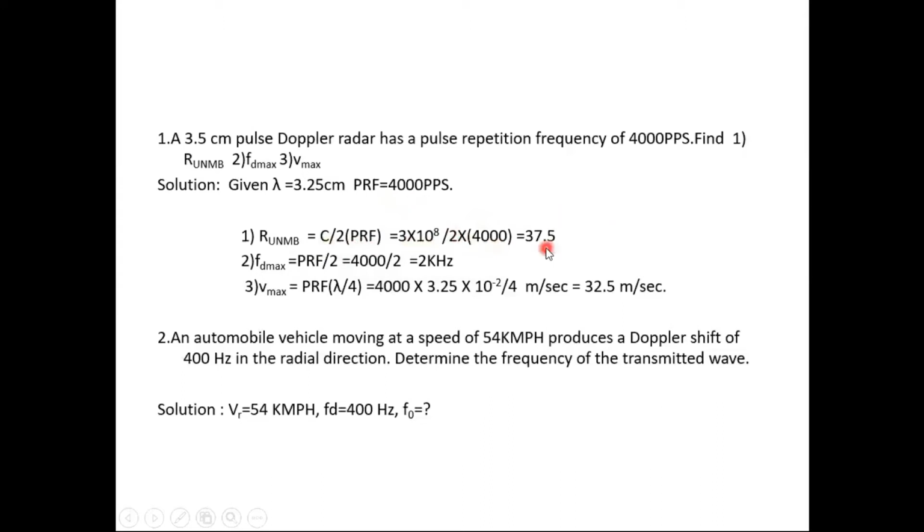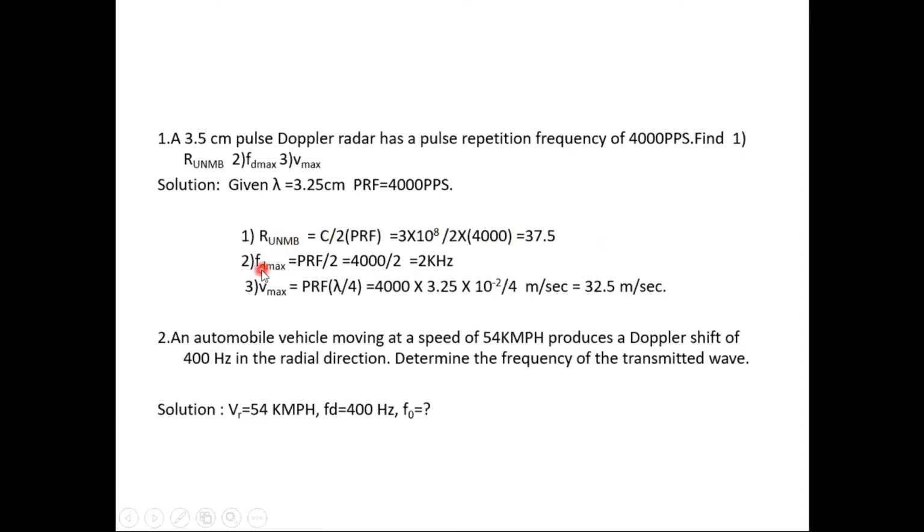Ultimately we get the maximum unambiguous range as 37.5. It is in kilometers. It is not mentioned here, but it is in kilometers, because the velocity is given in meters per second, and the range calculation is in meters, so here you get it in kilometers.